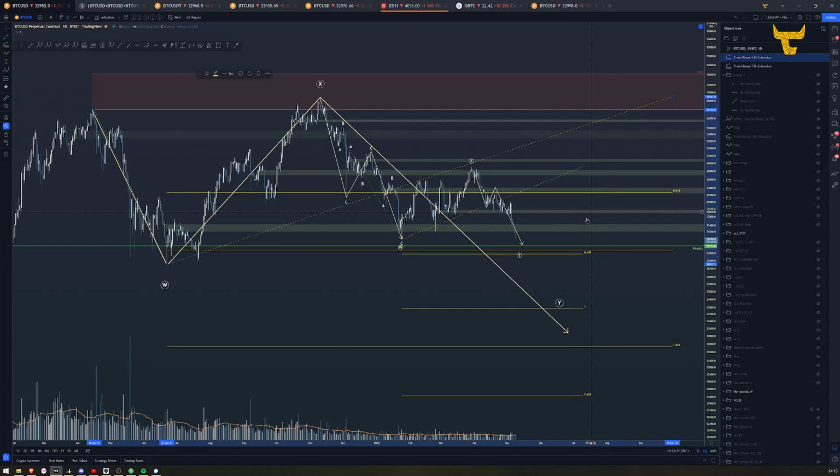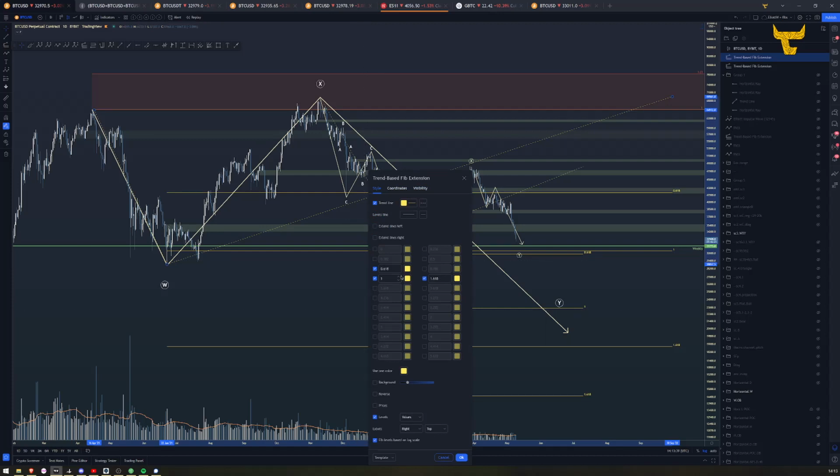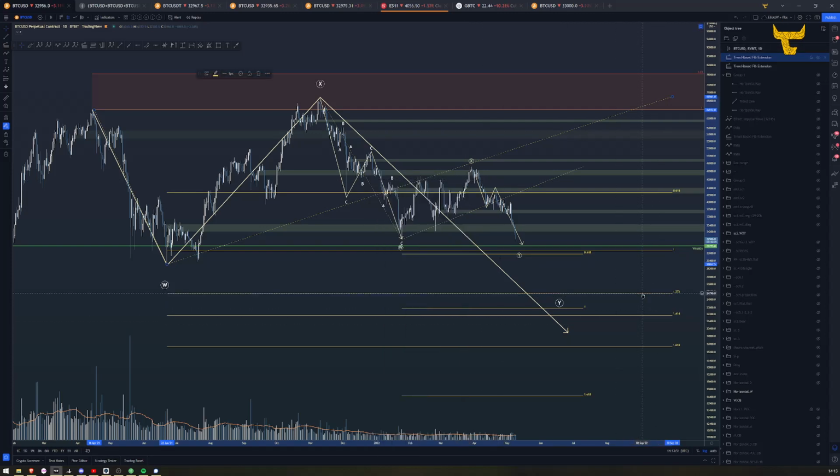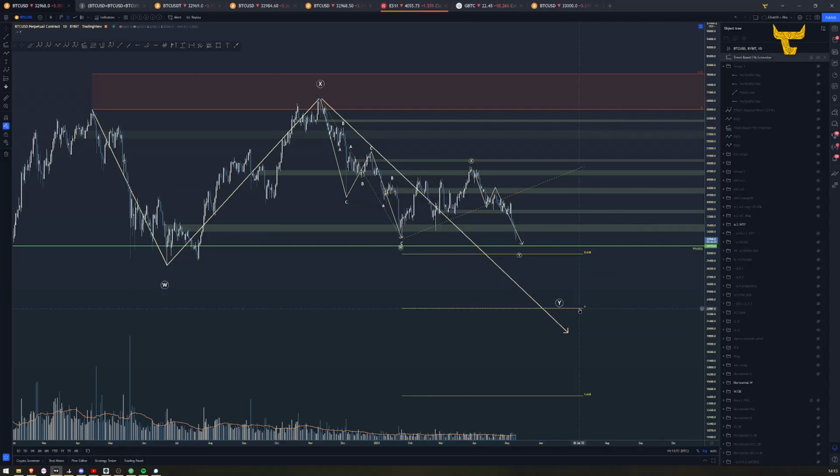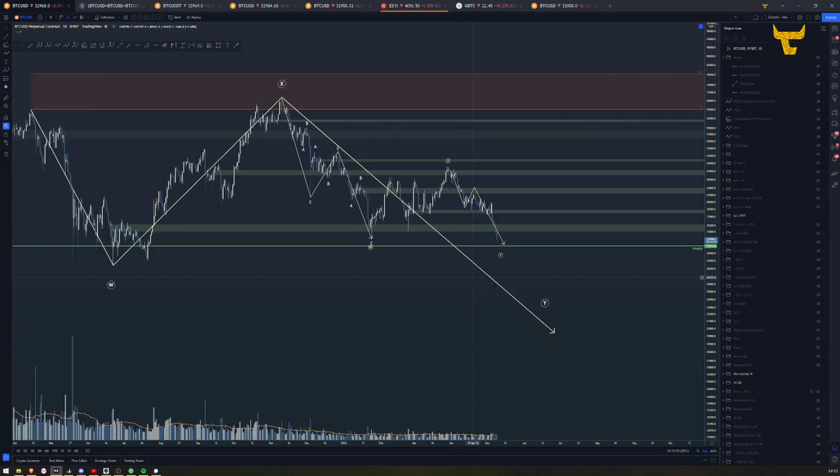Well, we can also take the other in between, 1.272, 1.414. And yeah, but let's delete this for now.